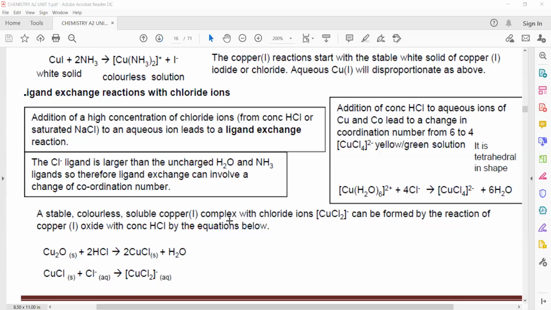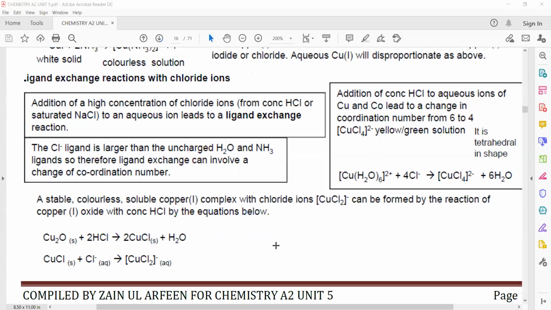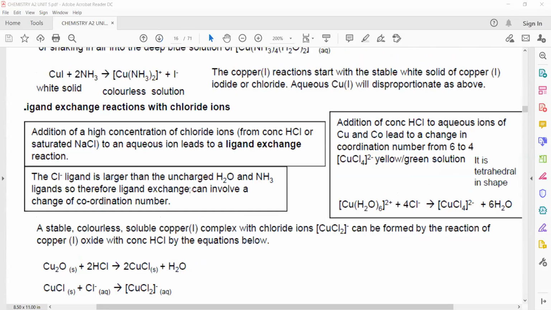So a ligand exchange reaction with chloride, how will a ligand exchange reaction occur with chloride? Addition of high concentration of chloride ion from concentrated hydrochloric acid or saturated sodium chloride solution to aqueous copper leads to a ligand exchange reaction.